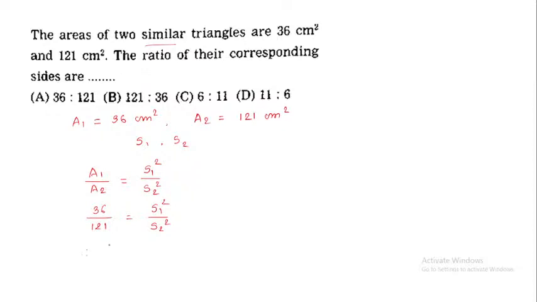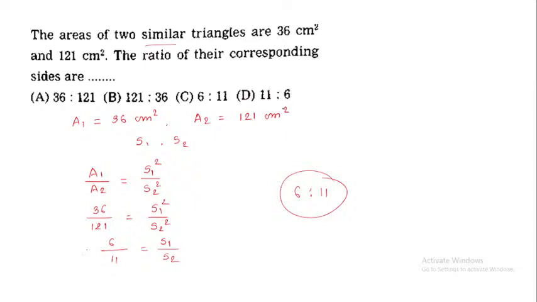So square root of 36 is 6 divided by square root of 121 is 11, that is equal to, on the right hand side also we have to take a square root, that is square root of S1 square is S1 divided by square root of S2 square is S2. So S1 divided by S2 is equal to 6 divided by 11, that is 6 is to 11. So this is the ratio of corresponding sides. Now here option D is there, 11 is to 6.